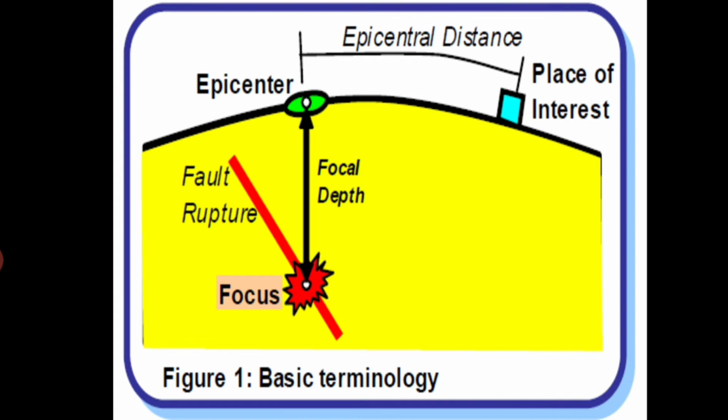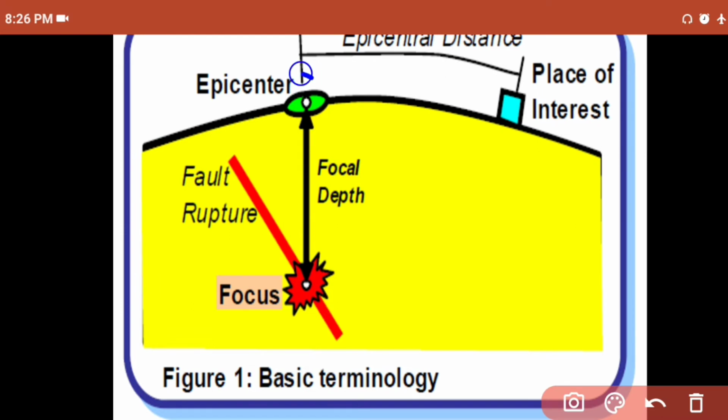Now you can see the basic terminology. The point where the rupture of the fault starts is called the focus. The vertical distance from the focus to the earth's surface is called focal depth, and the point where it touches the surface is called the epicenter. The distance from the epicenter to where our building is located is called the epicentral distance.